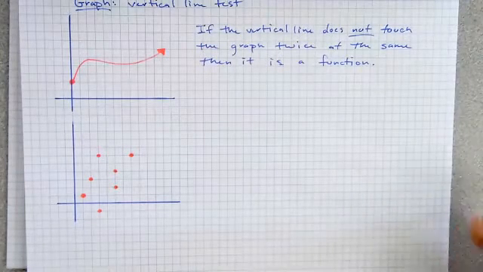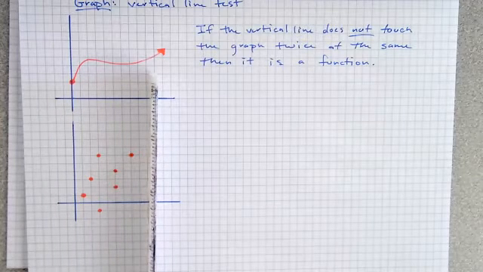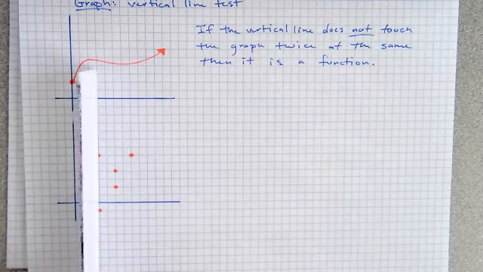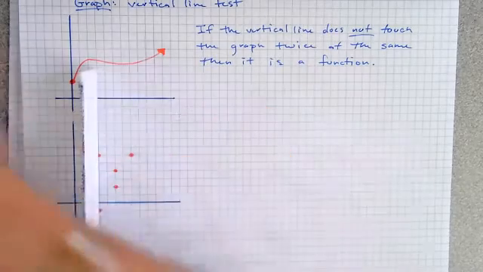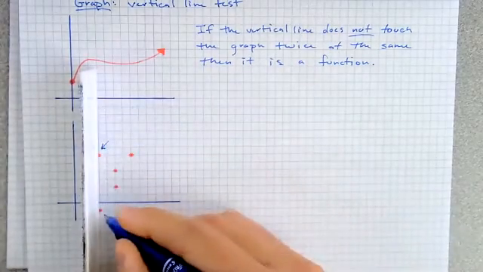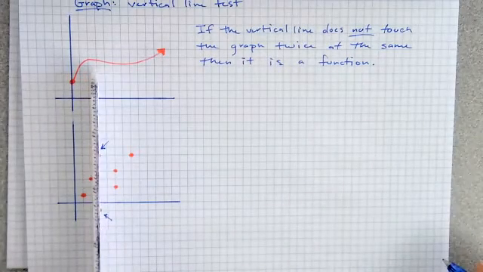So again, if we took the vertical line and we moved it across the graph, when you get to this point right here, the vertical line straight up and down is touching these two spots at the same time.